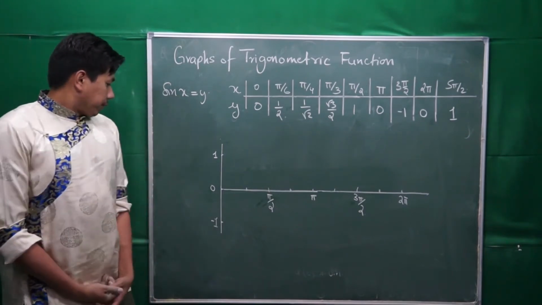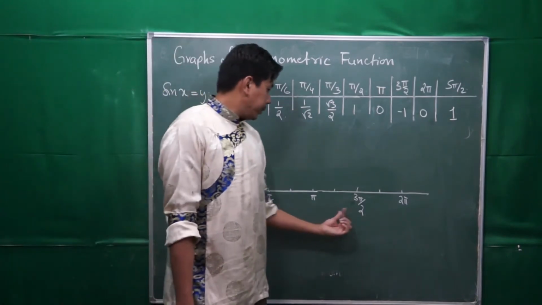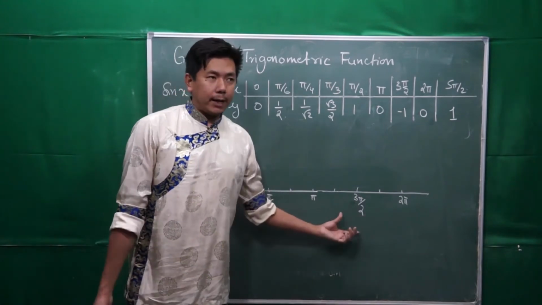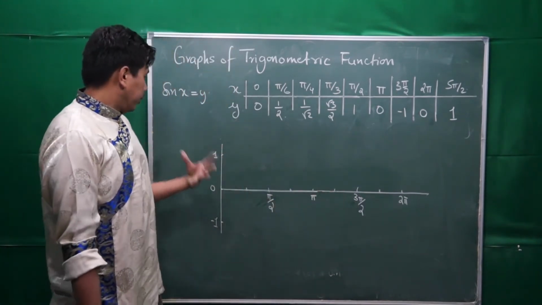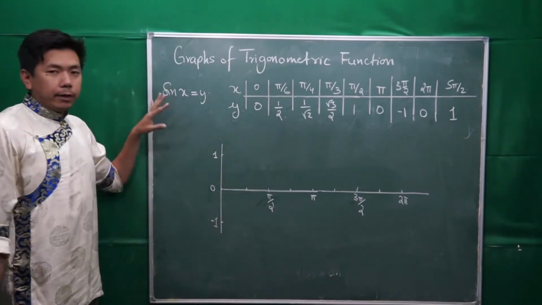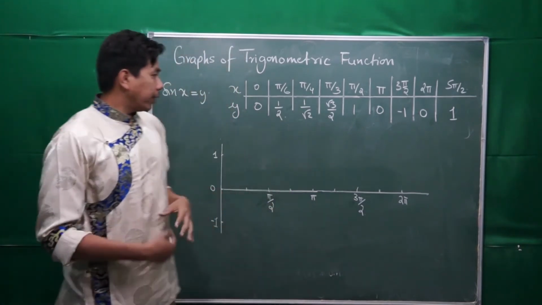We have certain angles 0, pi by 2, pi, 3 pi by 2 and 2 pi. And for the respective values of angle, we are going to locate the value y, which is equal to sine of the angles, so we are going to locate the range of the function.